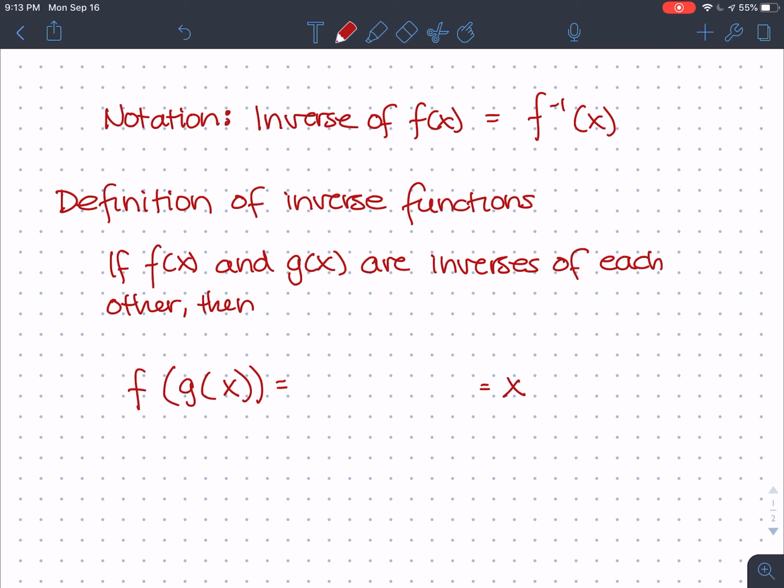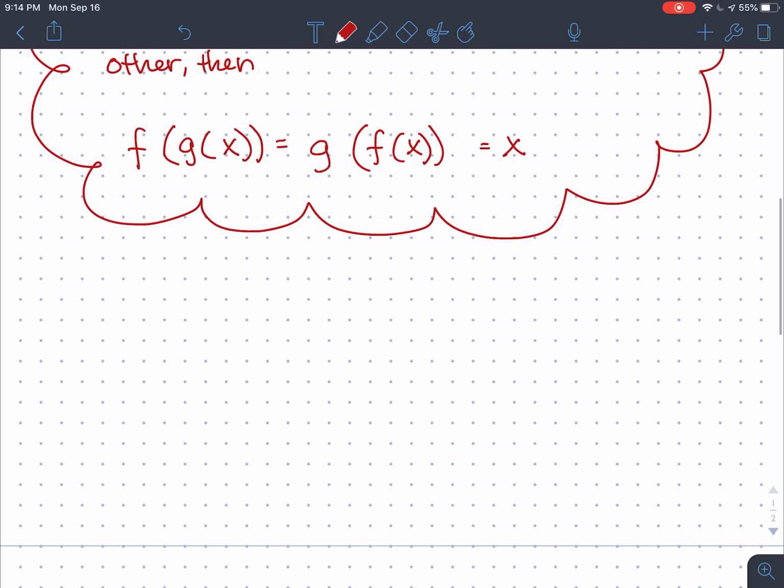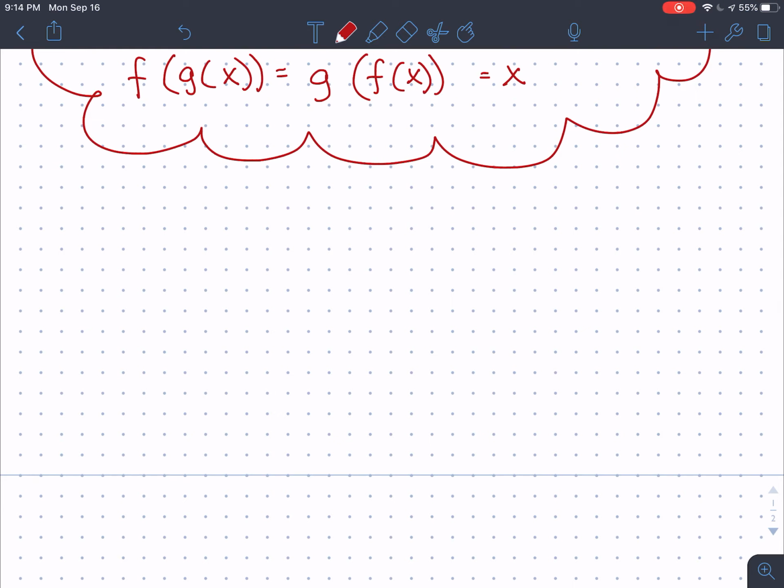And it shouldn't matter which function you start with. I can take x and put it into f, take that output value, and put it into g. No matter which way I do it, I should get x. And that's the definition of inverse functions. So let's take a look at what this means a little bit. And how do we verify that two functions are inverses?